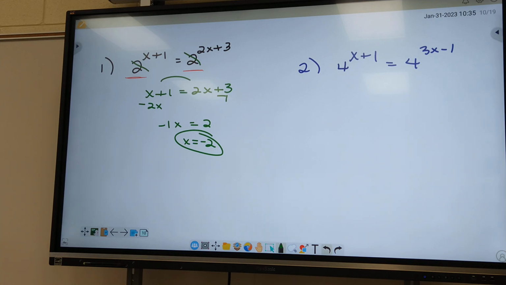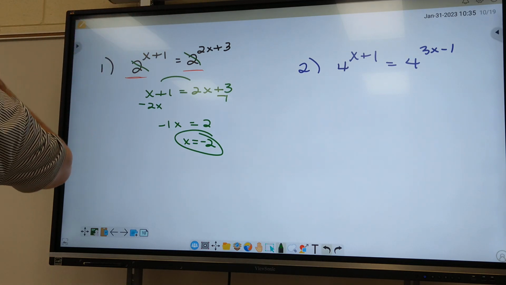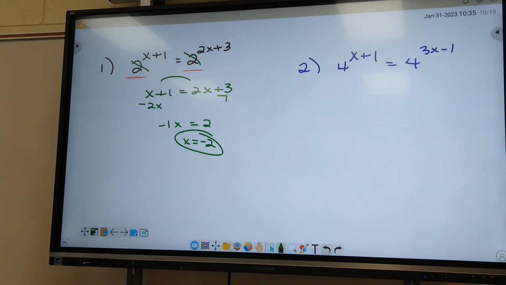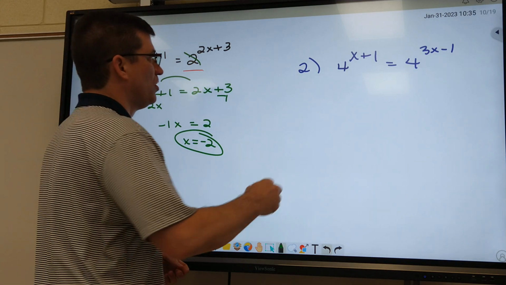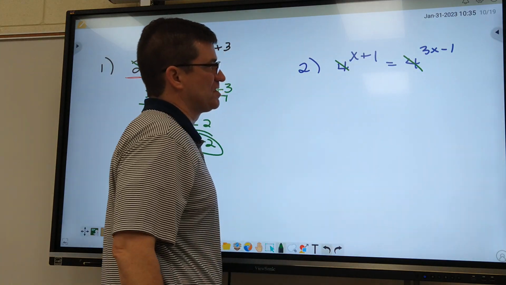All right, try the next one. See if you get it right. All right, so just like number one, we mark out the 4s because they're the same.